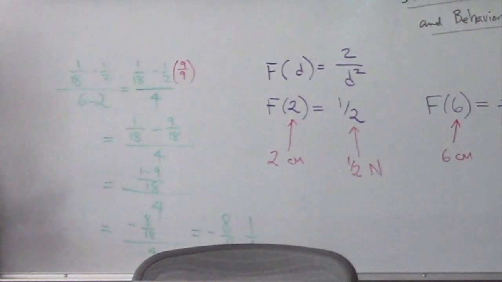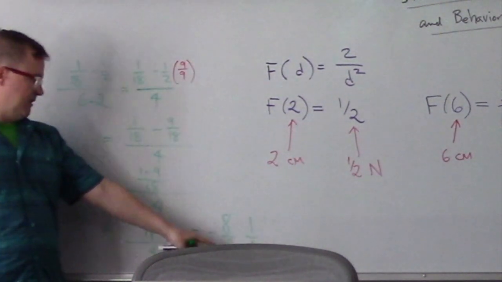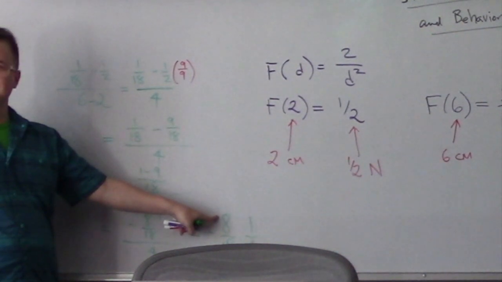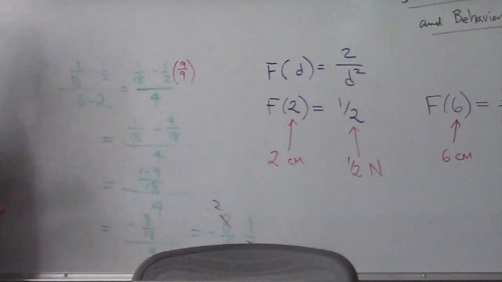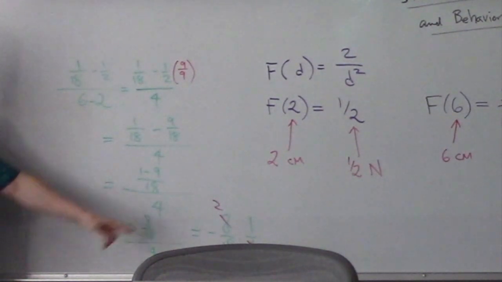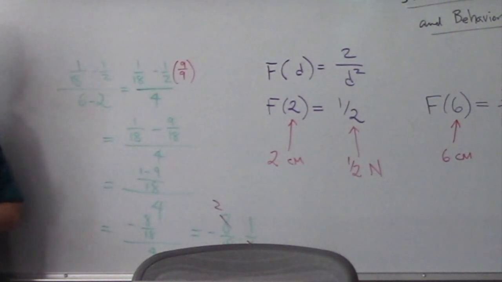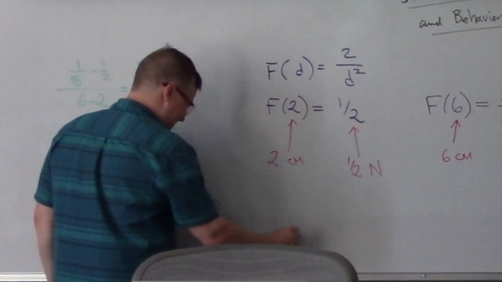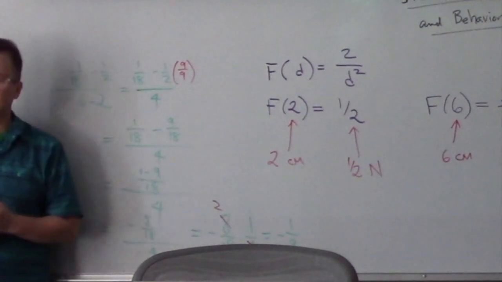And I'm thinking since 4 goes into 8 twice, and since 2 goes into 18 nine times, and 2 goes into 1 one time, then my answer is -1/9.